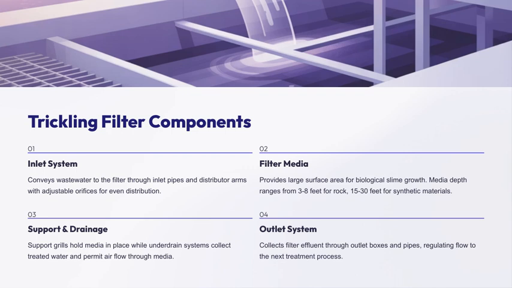Finally, the outlet system gathers the treated effluent through outlet boxes and pipes. It regulates the flow of water leaving the filter, ensuring it moves smoothly into the next stage of treatment. All these components work together seamlessly, embodying the core principles of biological wastewater treatment, which is both efficient and sustainable.